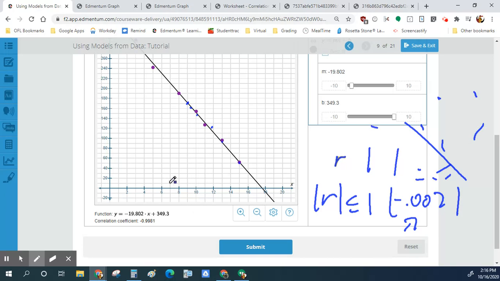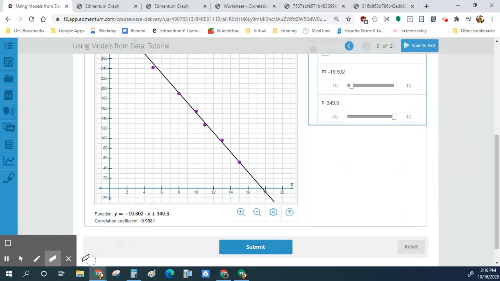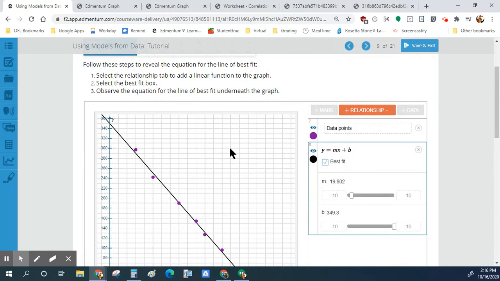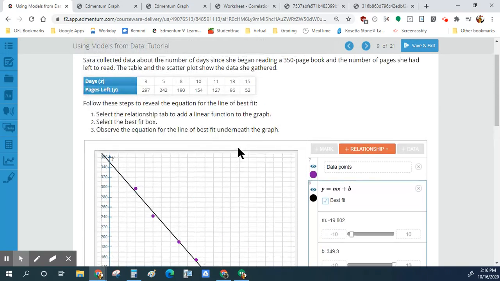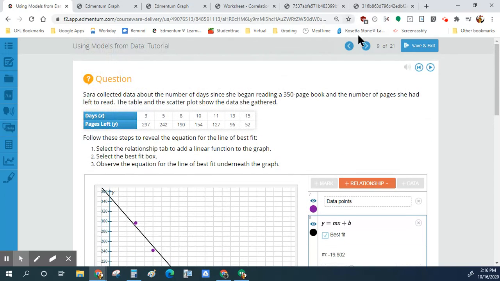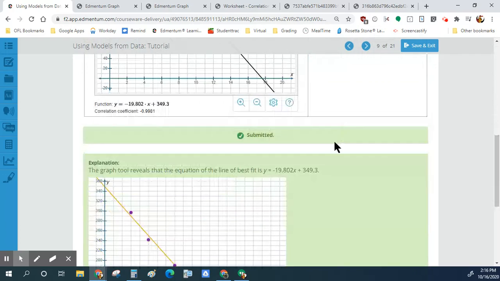They're not that close to it. And that's all we have to do to show our line of best fit using technology. So I do recommend using this a lot. It comes in very handy, especially in semester 2 when you have to do a lot of graphing. All right, so moving on.